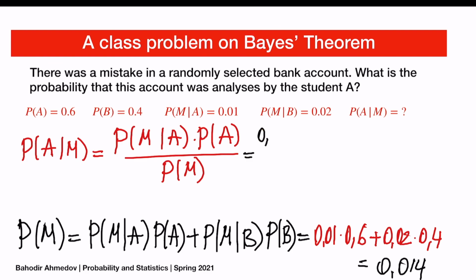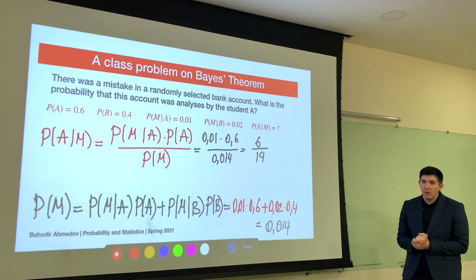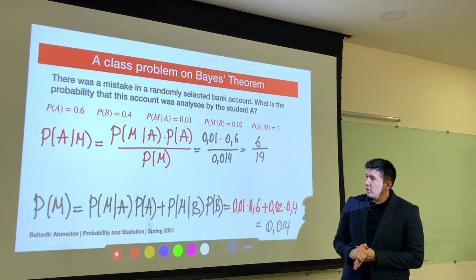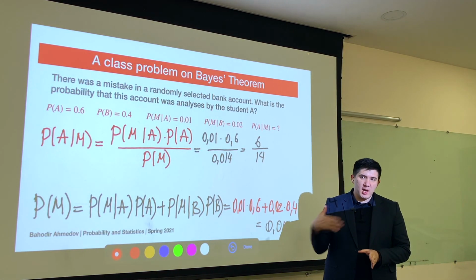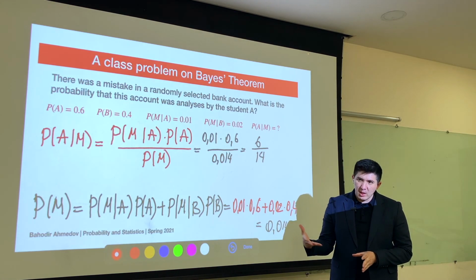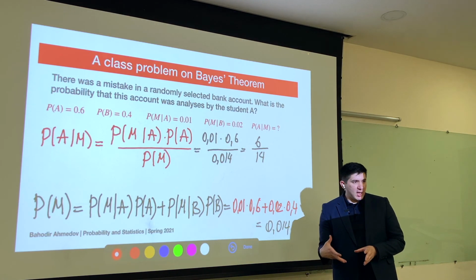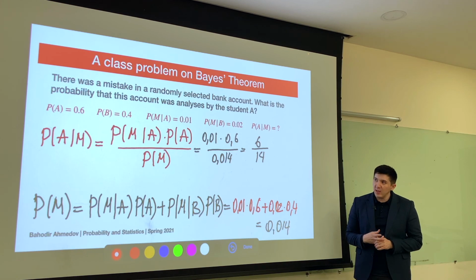It's going to be 0.01 times 0.6 divided by 0.014. It is going to be 6 over 14. Okay, so if I choose an account and if there is a mistake, probability that this mistake was made by the student A is equal to 6 over 14.